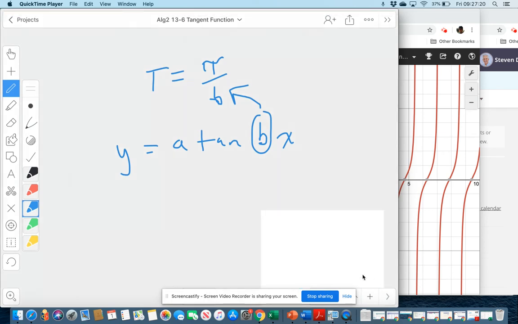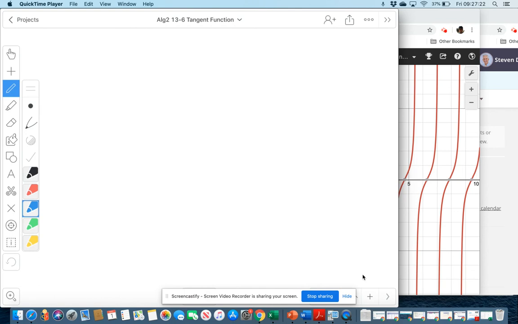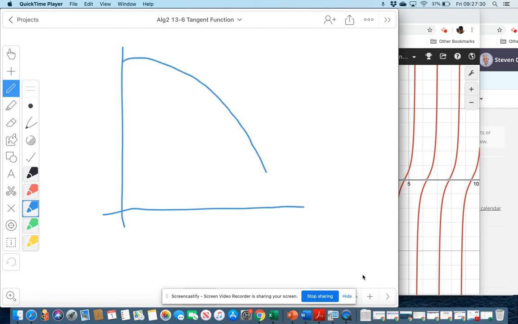What does the picture look like for the unit circle? So let's just look at the first quadrant here. All right, between 0 and pi over 2. Kind of a circle there. All right, so first off, we have some angle theta.